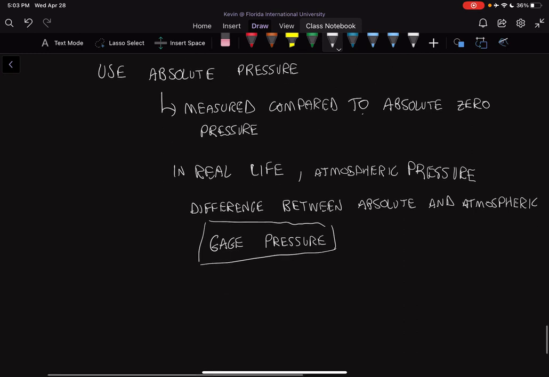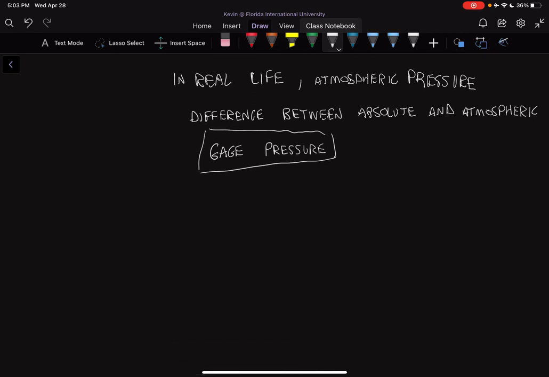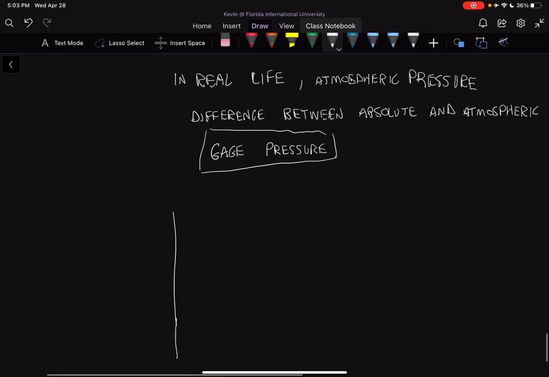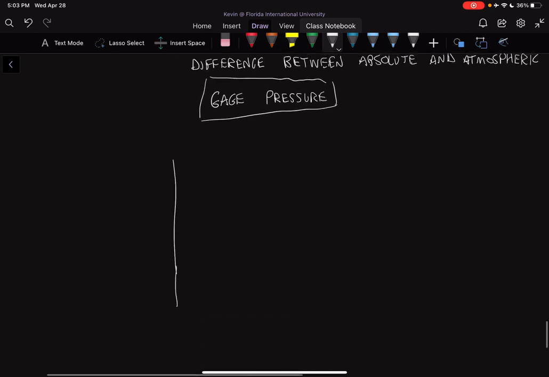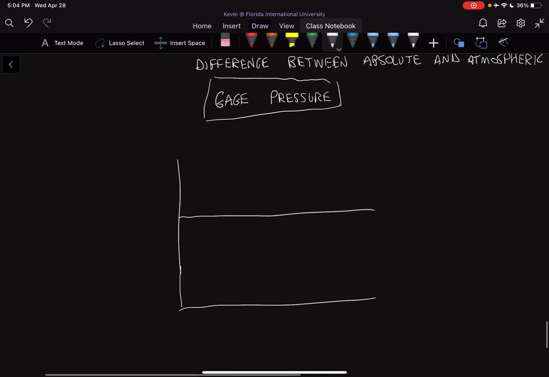Okay, so if we look at a graph of pressure in general and how we measure pressure as a whole in thermodynamics, we can summarize it in the following way. Let's say this is a pressure graph and we have some sort of depth to understand what's happening.